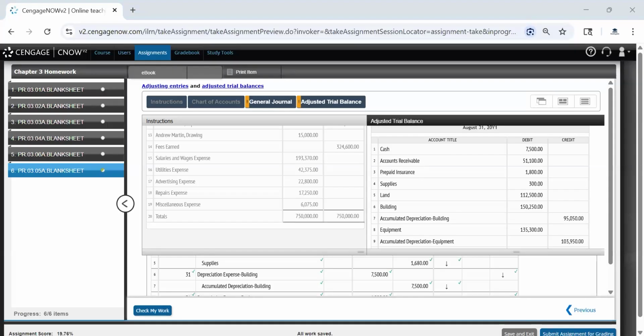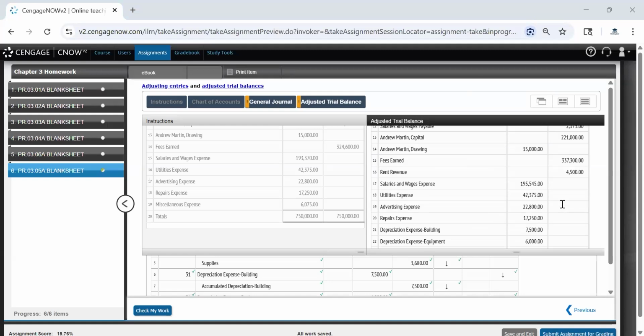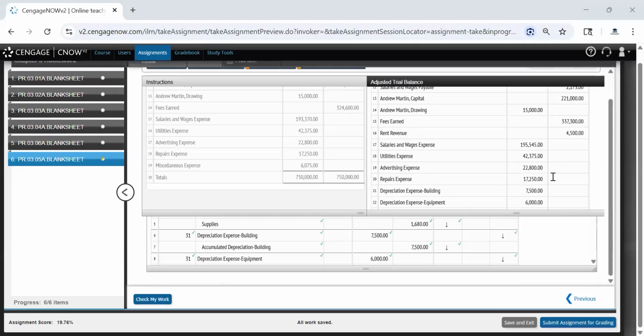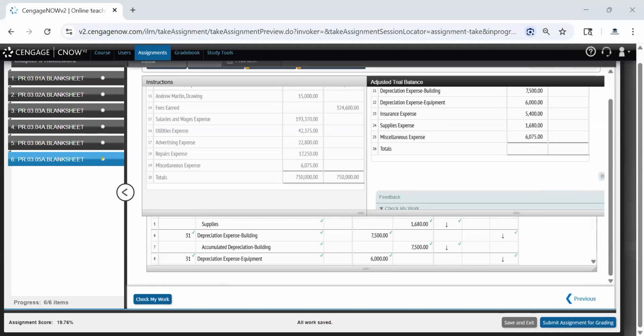So that's 7,500, 100, 1,800, 300, 112,500, 150,250, 135,300, 15,000, 195,545, 42,375, 22,800, 17,250, 7,500, 6,000, 5,400, 1,680, 6,075.